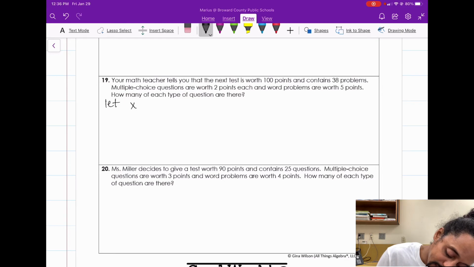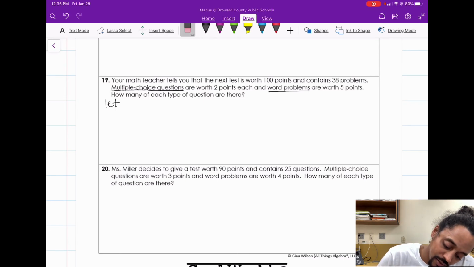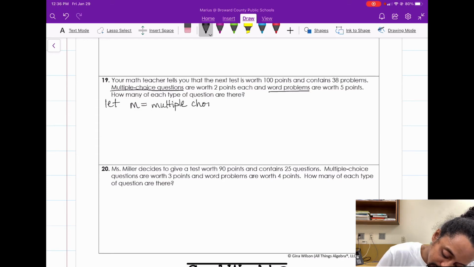We have one test with different types of questions, multiple choice questions and word problem questions. So let M equal multiple choice, and let W equal word problems.